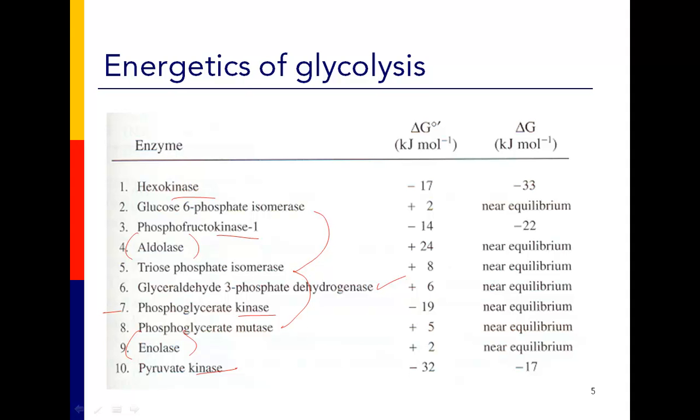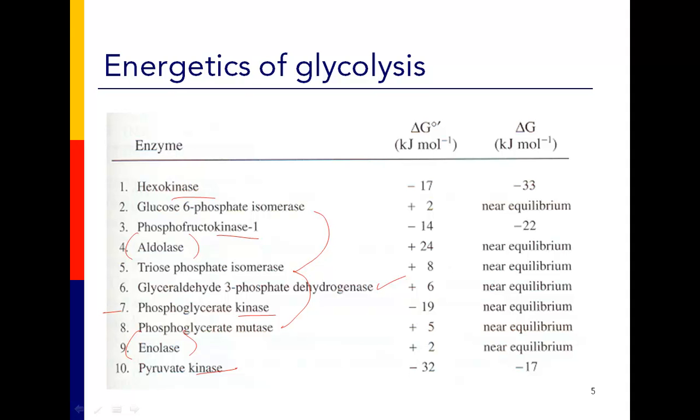So if we look at glycolysis overall and the energetics of it, what do you see about both the standard state free energy changes and the real free energy changes? What are some things that stand out? Right. Okay, so we talked about near equilibrium metabolic reactions and metabolically irreversible.